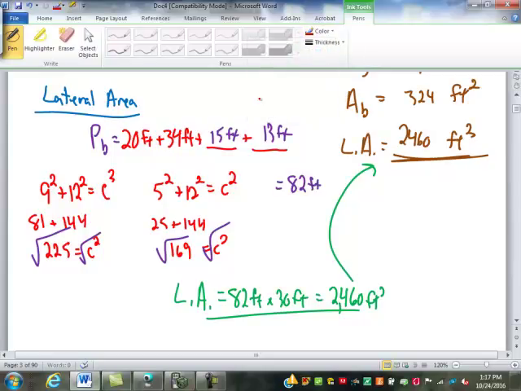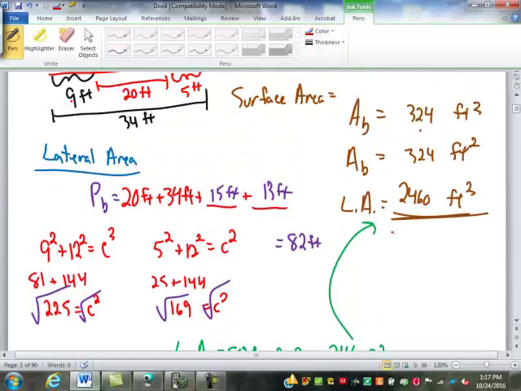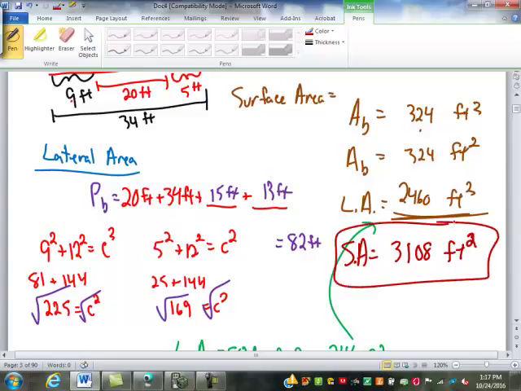So if we add that whole mess all together, it's going to be 3,108 square feet. Perfect.